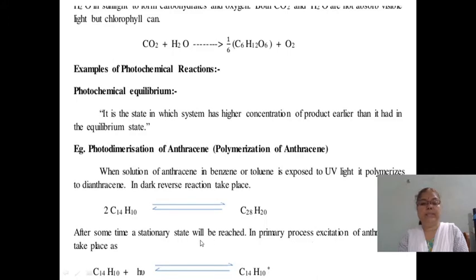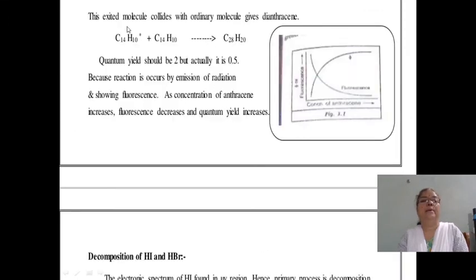In the primary process, the excitation of anthracene occurs. That means C14H10, that is the anthracene, by absorption of one photon, becomes an excited one. And this excited molecule collides with another ordinary molecule of anthracene to form dianthracene, and the quantum yield of this reaction must be 2 because due to the absorption of one photon, two molecules of anthracene react.